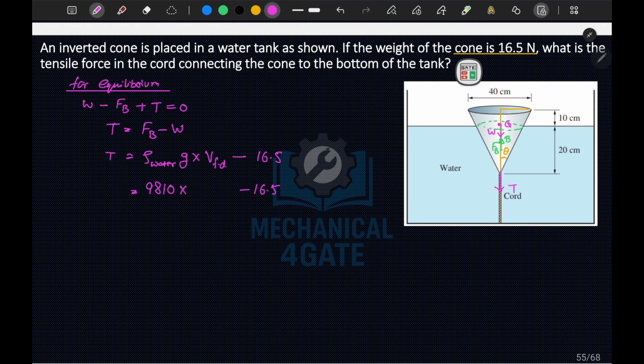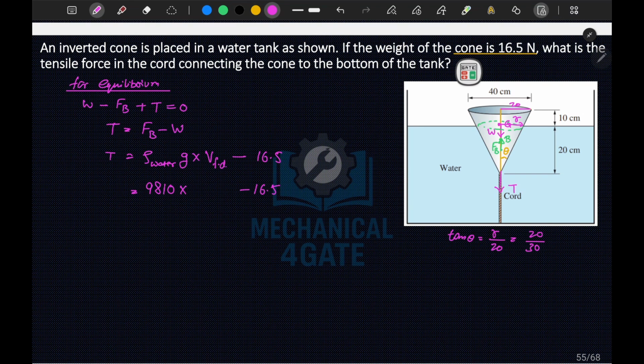If I talk about volume of fluid displaced, that will be the volume of the cone up to this point only. Let's say this is the radius, small r. From similar triangles I can write that tan theta is equal to r upon 20, where this distance is 20 centimeter, divided by your height, that is 30.